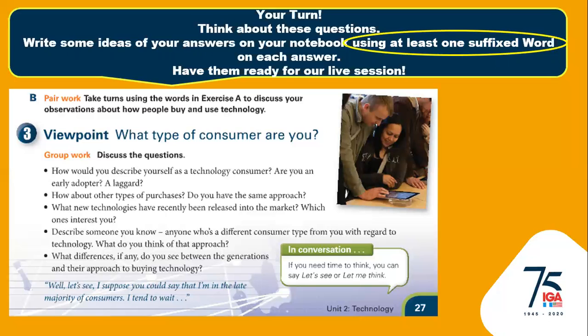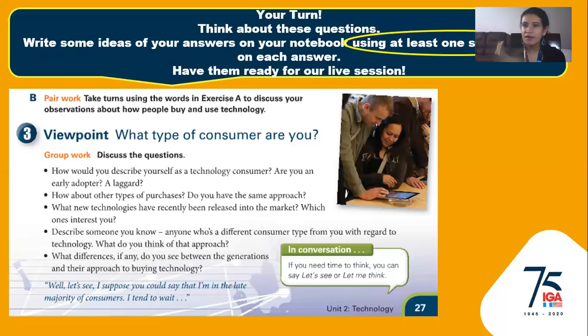Right now, you don't have to send it. Right now, no. I'll give you more instructions in our live session, okay? But for now, you just have to write them on your notebook and have them ready, okay? By have them ready, I mean that when we start discussing, you already have thought about these questions, right?